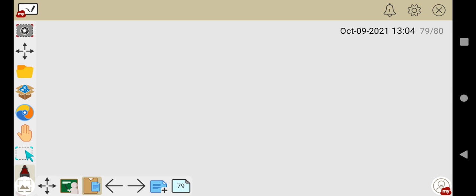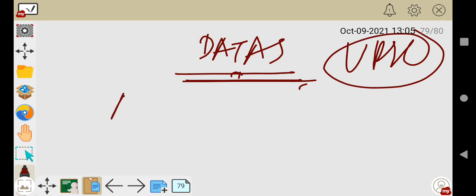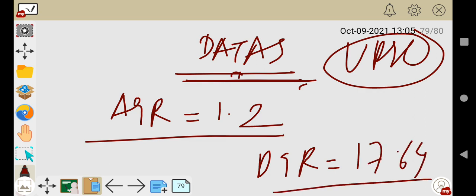Okay, we are near to the end, guys. The topic I created. Before I complete it, let me give you some data. Data are important for your UPSC CMS exams, only for UPSC, guys. So our annual growth rate is 1.2. Okay? Our decadal growth rate is 17.64. Correct?